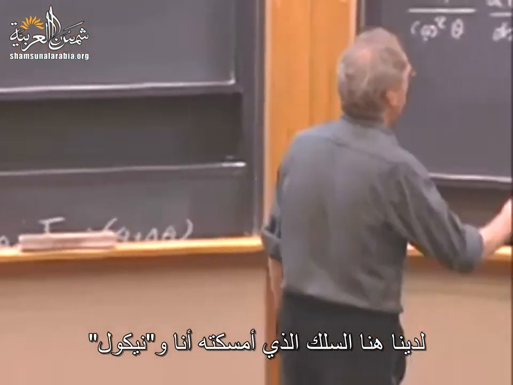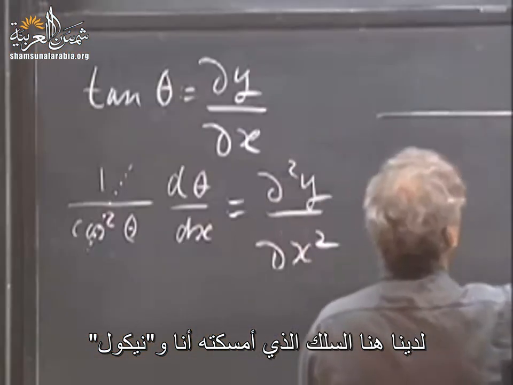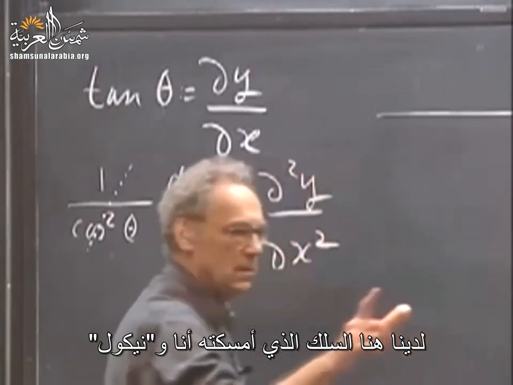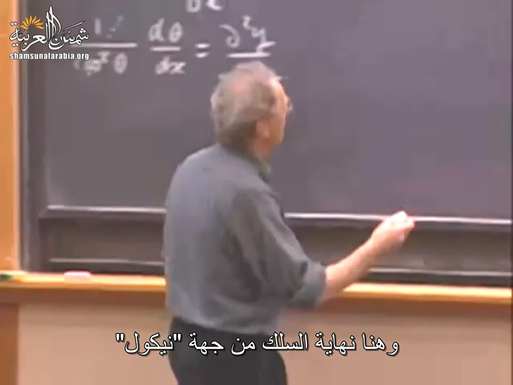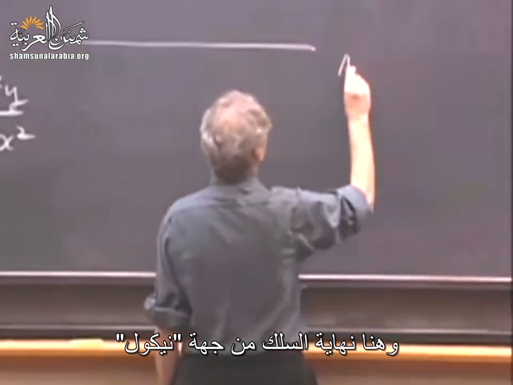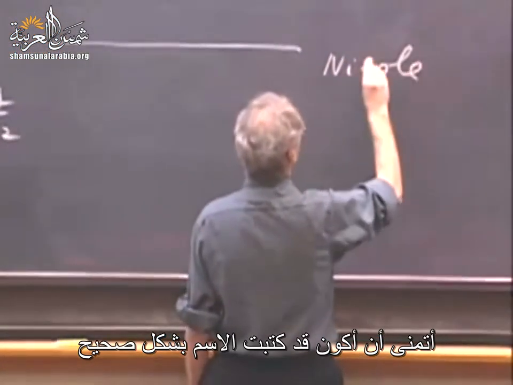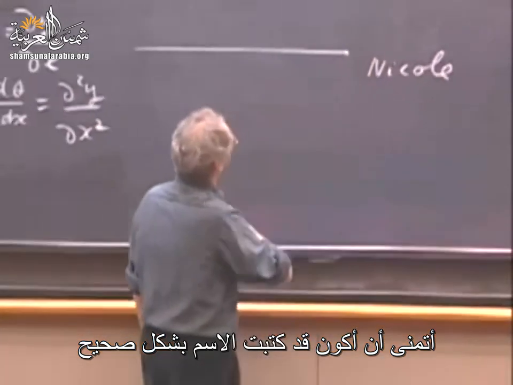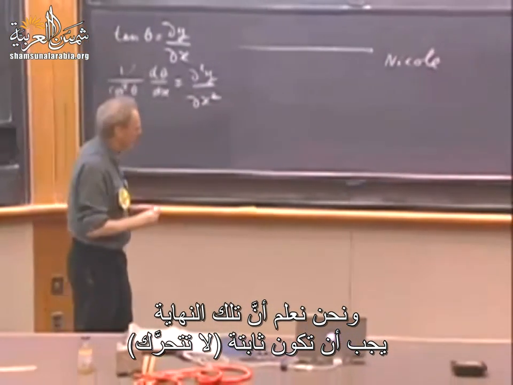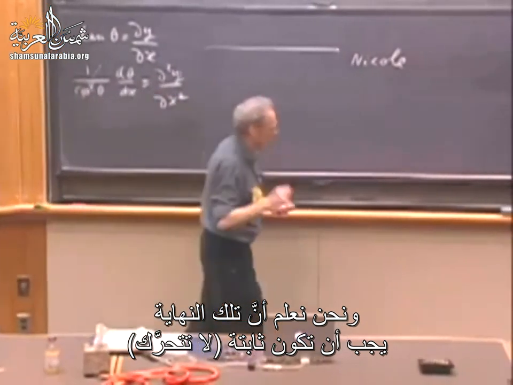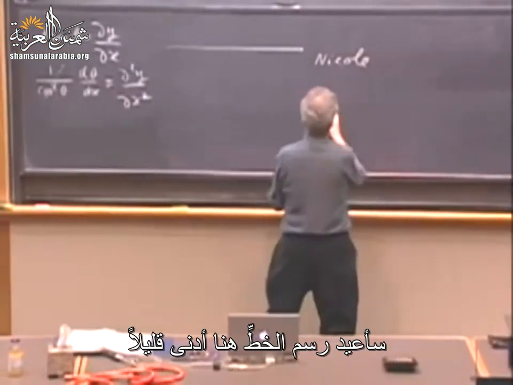So we have here the string that Nicole and I were holding, and here is the end. That's where Nicole was. I hope I spelled that correctly. And we know that that end must stay fixed, cannot move. I'll put the line a little lower.